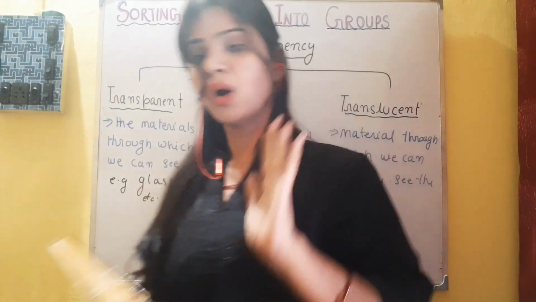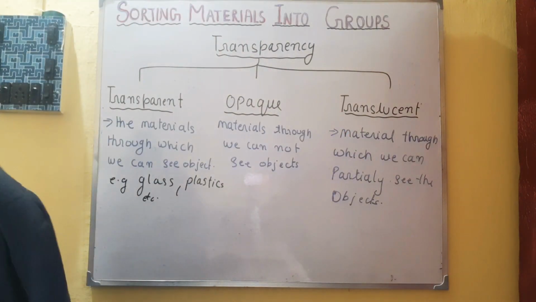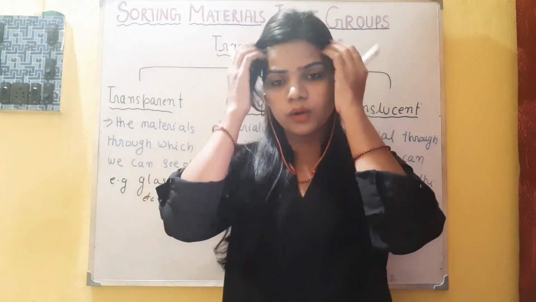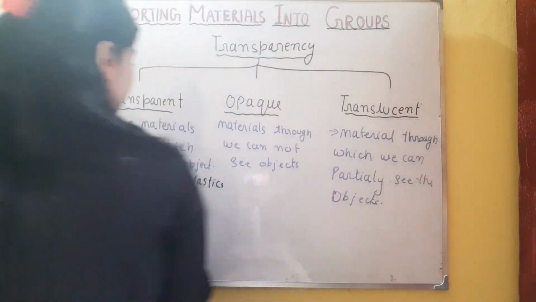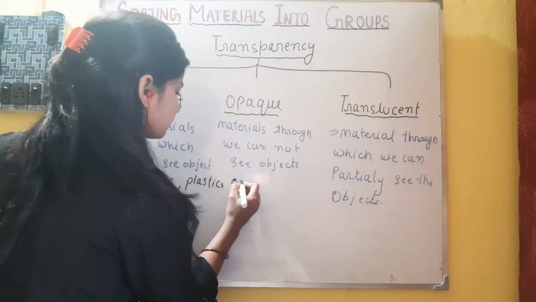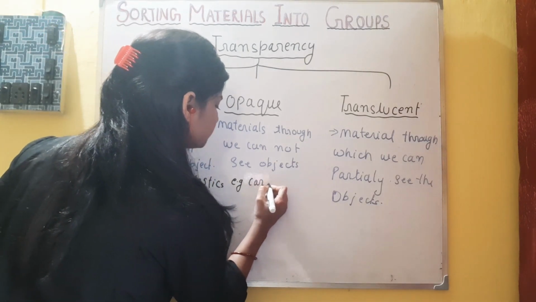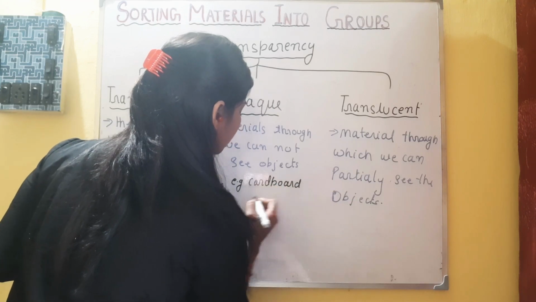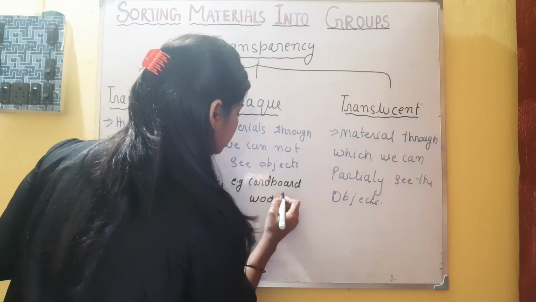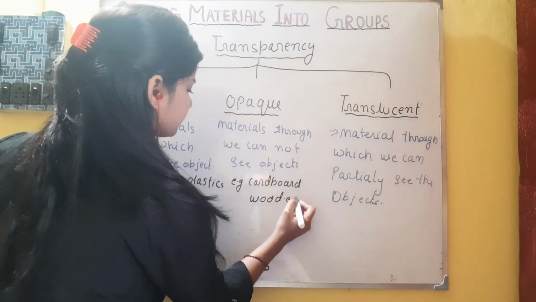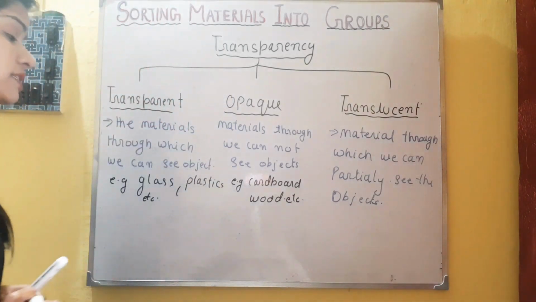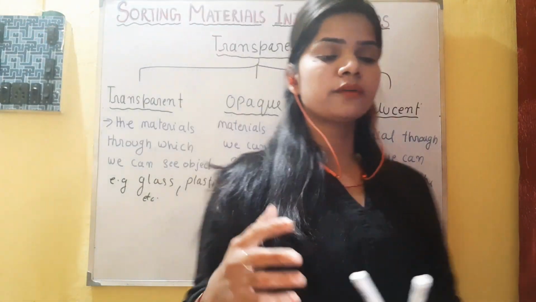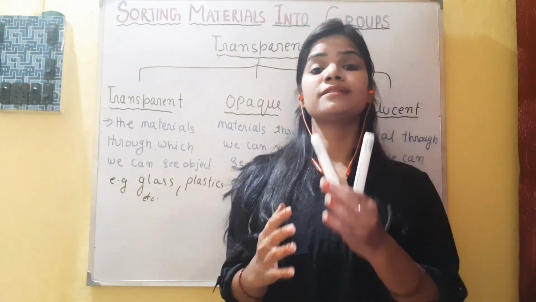Okay, means opaque is the property of the material beyond which we cannot see the object. Okay, so examples are cardboard, wood, etc.